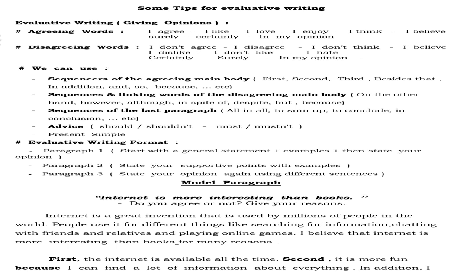Sequences of the last paragraph. Be careful with the last paragraph. All in all, to sum up, to conclude, in conclusion, etc. You can use one phrase of these phrases to conclude or to finish your paragraph.